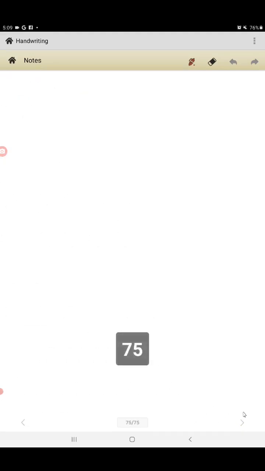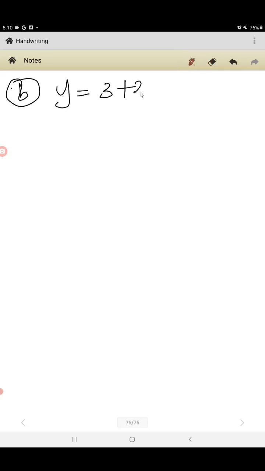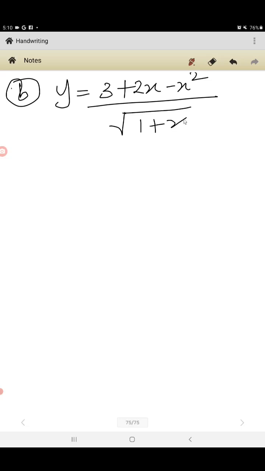Let's solve the second example. We are starting one by one, so you're able to get it better. The second example, the B part. If y is equal to 3 plus 2x minus s squared all over root 1 plus x.